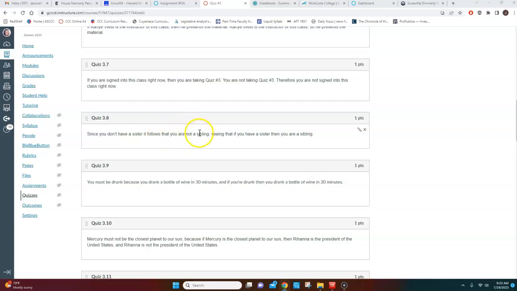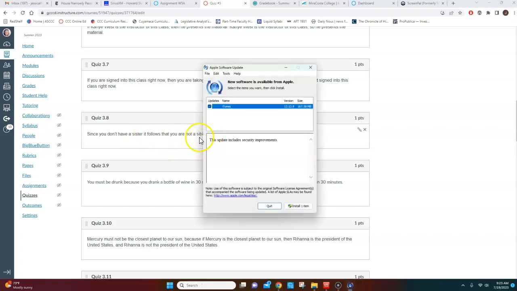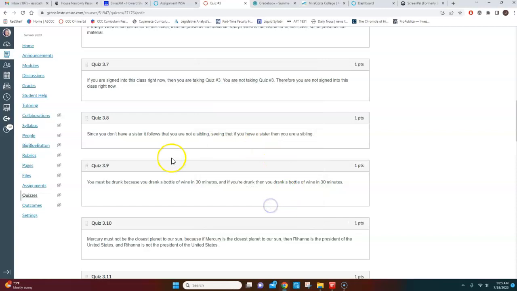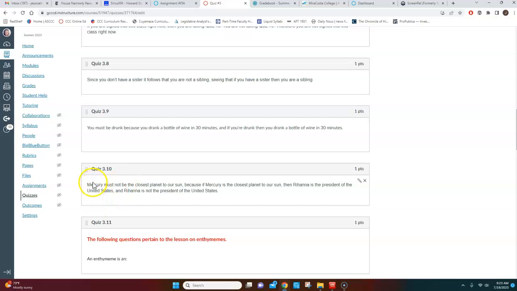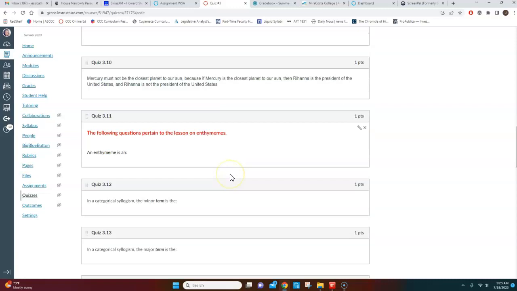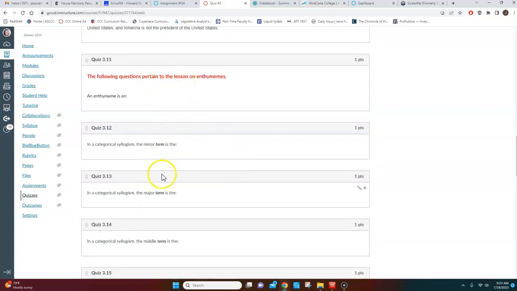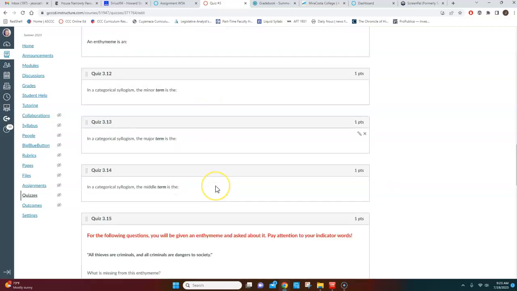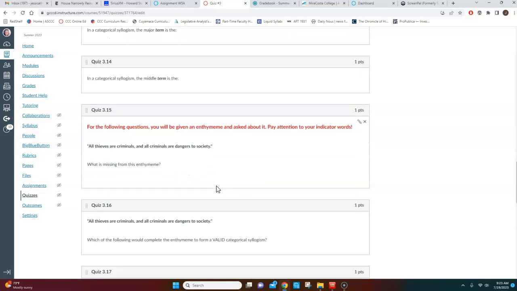So be careful and make sure that you put them in proper order before you look for the formula. Same with this one. Here, the conclusion comes first, right? And then here, the conclusion comes first. So just keep that in mind. Then we've got this stuff coming right off of the PowerPoint and handout for this section of material.